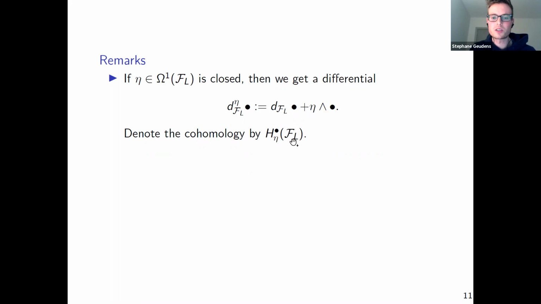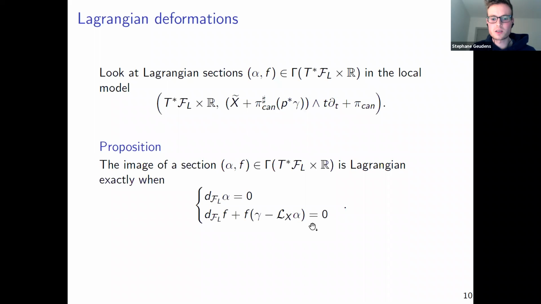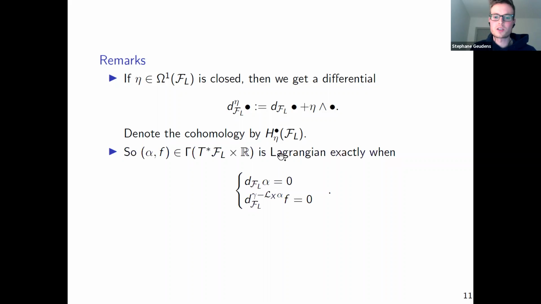And let's denote the cohomology like this. So then we can rewrite the second equation as: f needs to be closed with respect to the foliated differential twisted by gamma minus Lx alpha. So Lagrangian sections are given by these equations, which are the two closedness conditions.